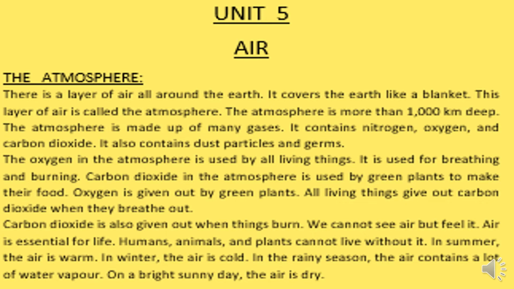And when we breathe, we give out carbon dioxide, and this carbon dioxide is used by plants. So this is a cycle. We need oxygen and plants give this oxygen to us. Similarly, plants need carbon dioxide and we give carbon dioxide to plants.